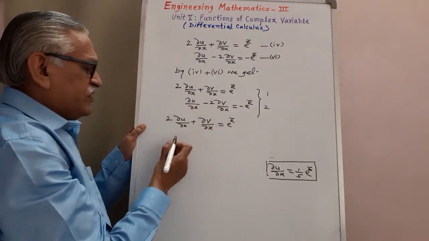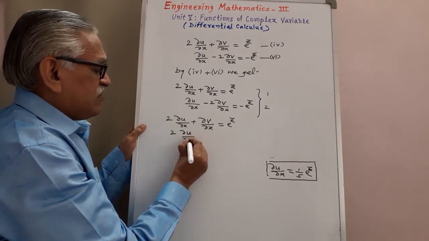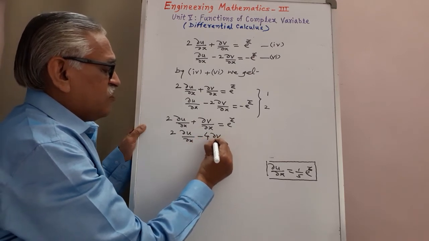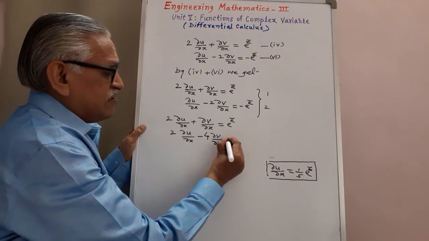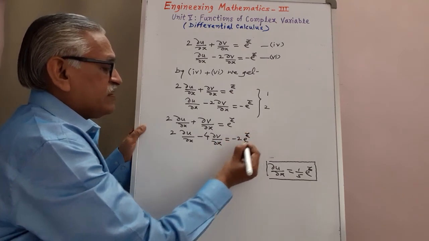Multiplying by 2 throughout, we get 2 times ∂u/∂x minus 4 times ∂v/∂x is equal to minus 2 times e^z.